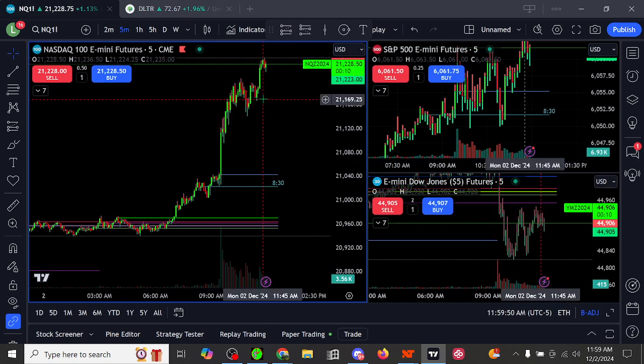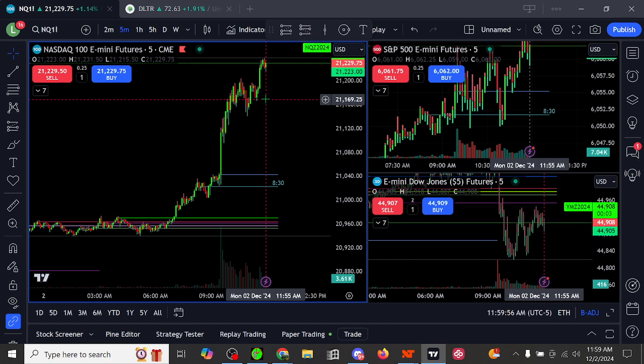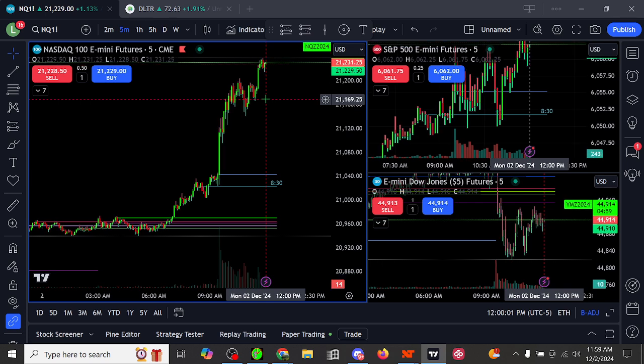NASDAQ is a derivative of an index, which is comprised of over 100 different stocks. It's 101 stocks, right? So you're getting an average of stocks by weighting. So it's not as integral to a specific stock price or a specific company's individual performance.